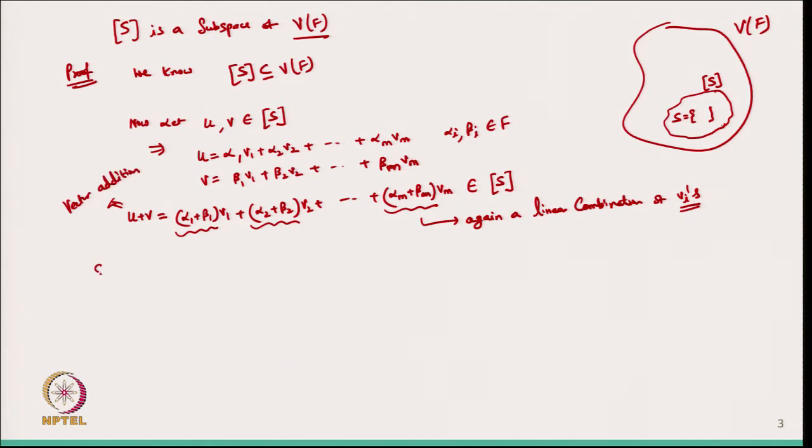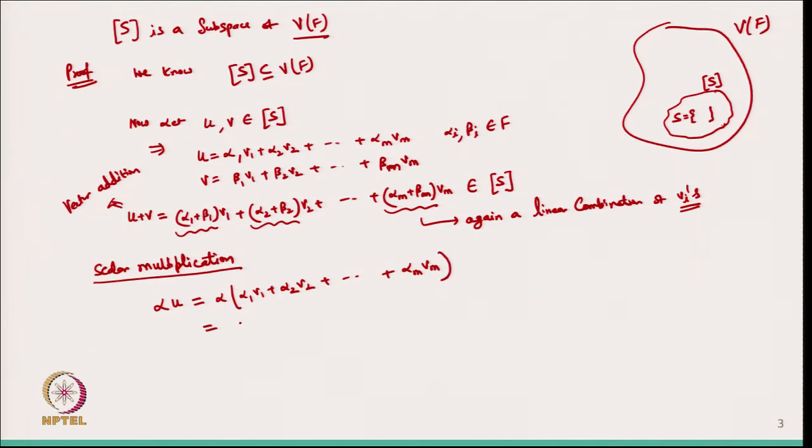Now, we discuss the next property, scalar multiplication. So, I take any scalar alpha and I multiply to the set U. Okay. So, this I can write as alpha and U is already there. So, it is alpha 1 v 1, alpha 2 v 2 up to alpha m v m, and this is a scalar.